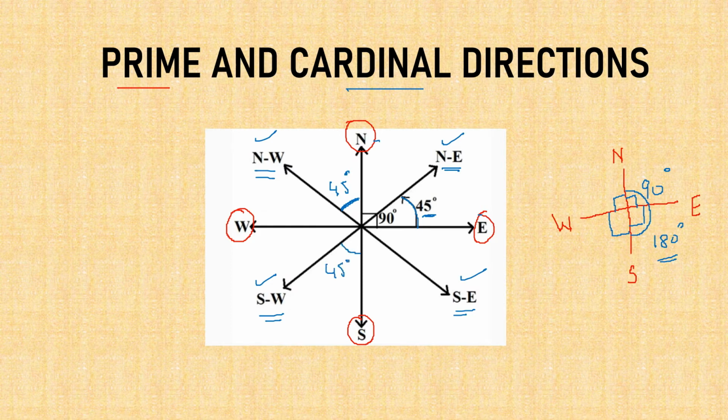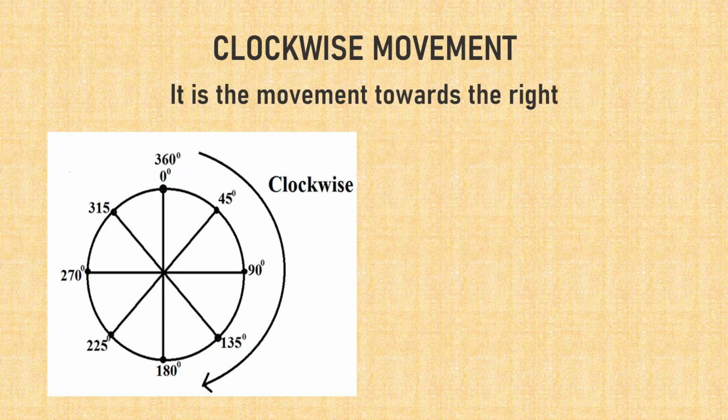Angles must also be kept in mind, because there may be certain questions based on calculating the angle, or the angle may be given and you might be asked to find out in which direction the person or the object may be moving after that. So this was about prime and cardinal directions.